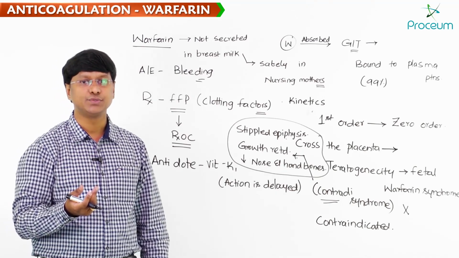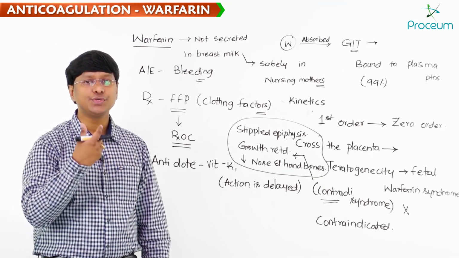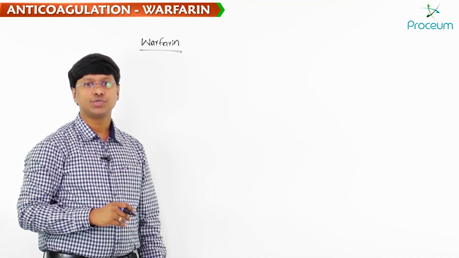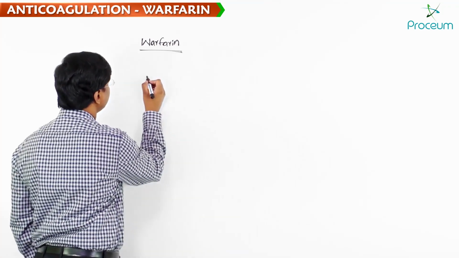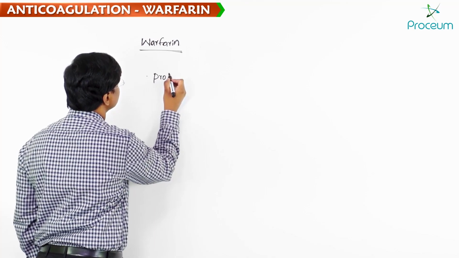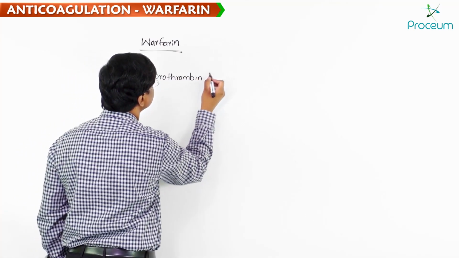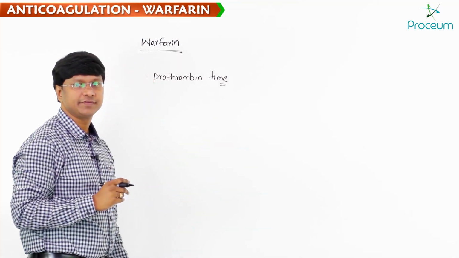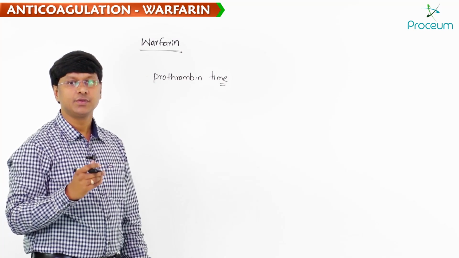Now let me tell you, how do you assess the Warfarin overdose and how do you adjust the dose of the Warfarin? So to adjust the dose of Warfarin, remember, prothrombin time is used. Why?